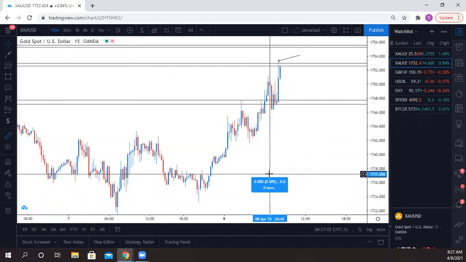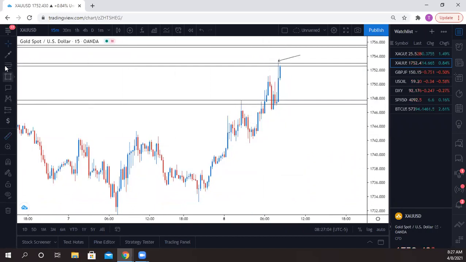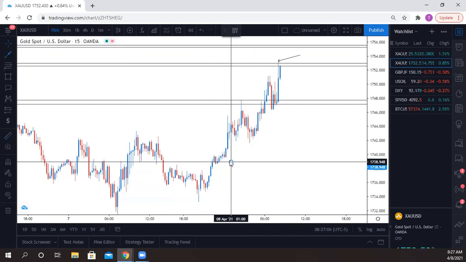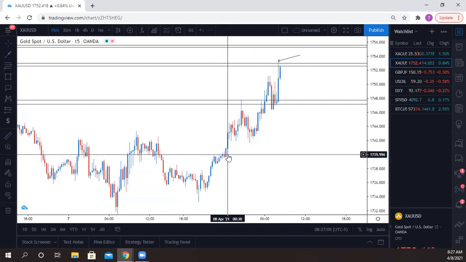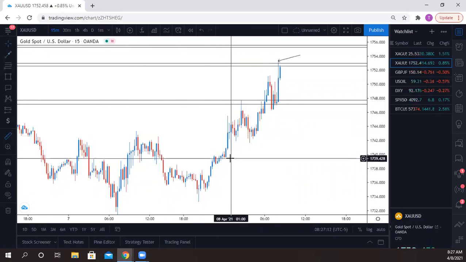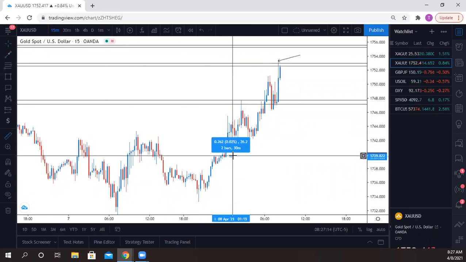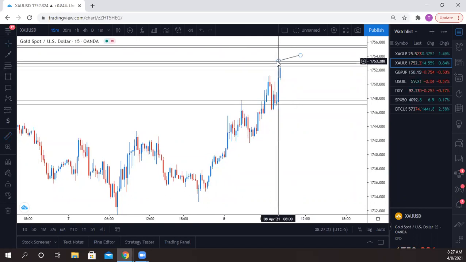Somebody asked, what's 1 pip? This price movement from this candle here to literally a quarter of it is 1 pip. 1 pip's pretty small in gold. A pip is just a measurement of movement in the market. You might hear people who trade stocks call it a tick.